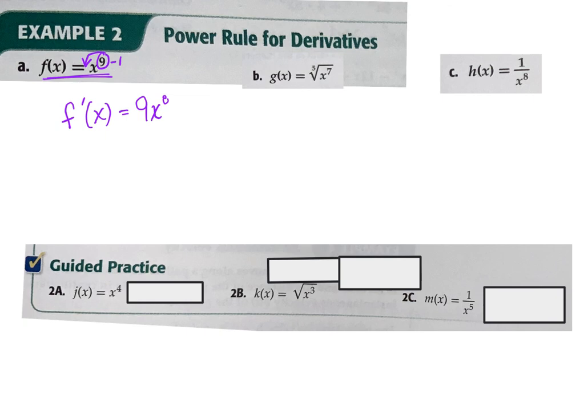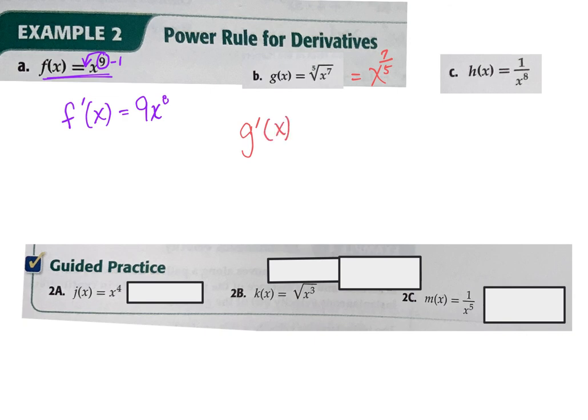This guy. All right, first thing I'm going to do is I'm going to rewrite him. Fractional exponents look like this. Exponent is the numerator, index is the denominator. So I can rewrite a radical like this, okay? Then I'm just going to use my power rule.